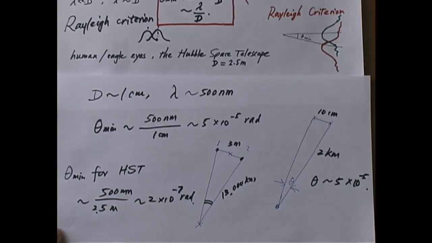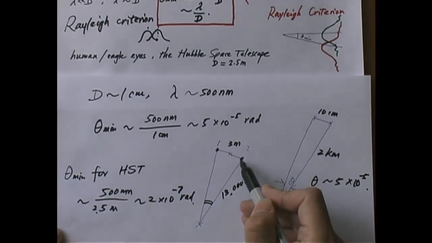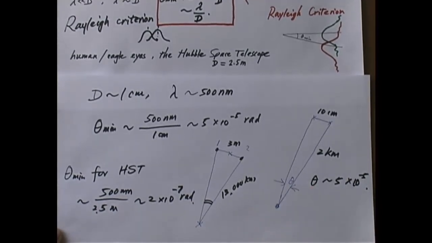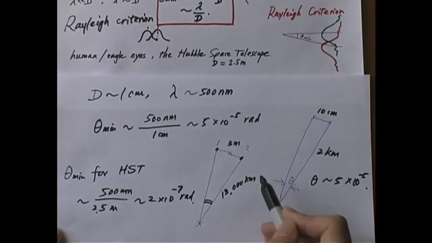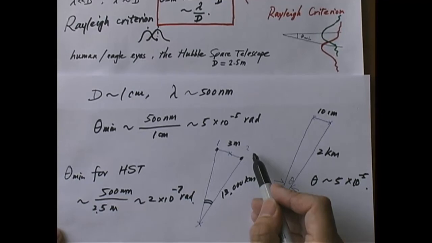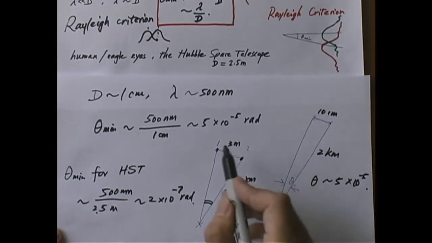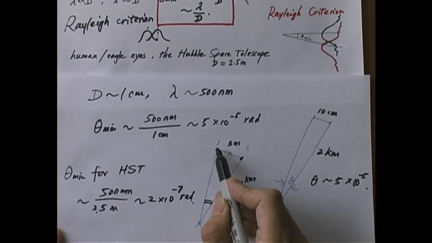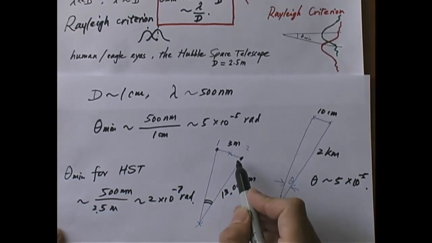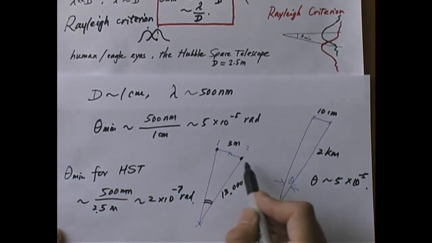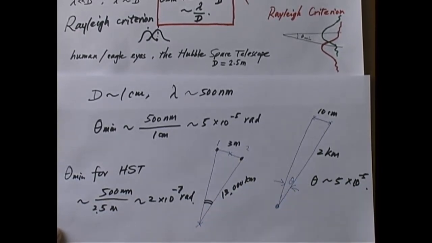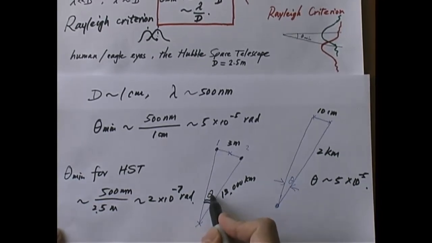And if you aim the Hubble at the Moon, this distance between the Earth and the Moon is 300,000 kilometers. This is expanded from 13,000 kilometers to 300,000 kilometers. And how far would 2 points on the Moon have to be in order for the Hubble to tell them apart? We can do this same estimation. Let this angle be theta minimum.